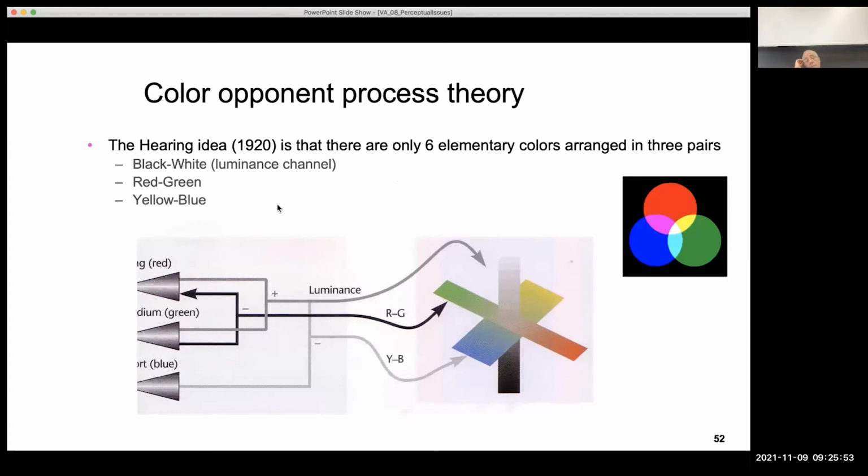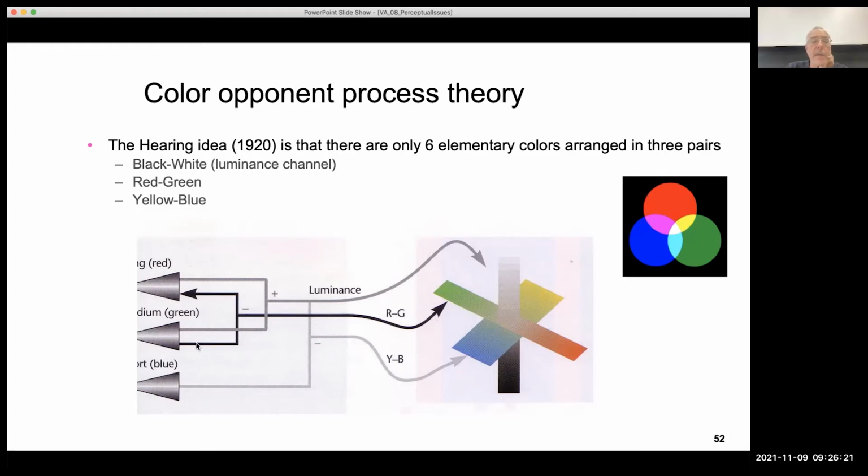And let's go to this theory of trichromacy. This is an idea arising in 1920 from Hering. He had the idea that we have only 6 basic colors arranged in 3 pairs. We have three cones for red, green, and blue.